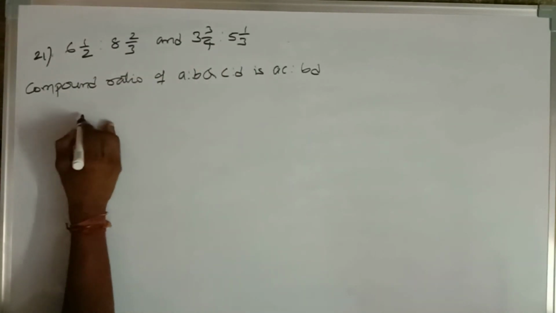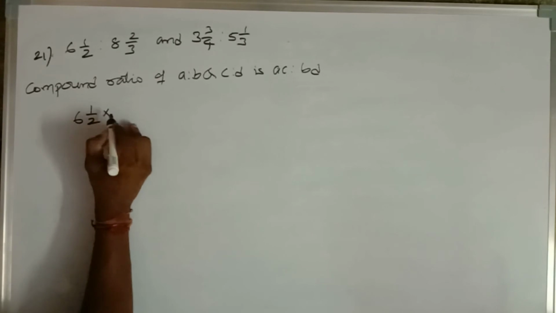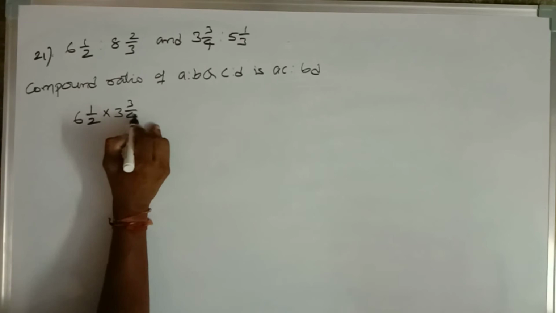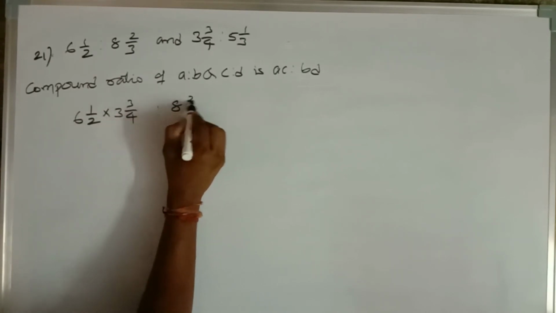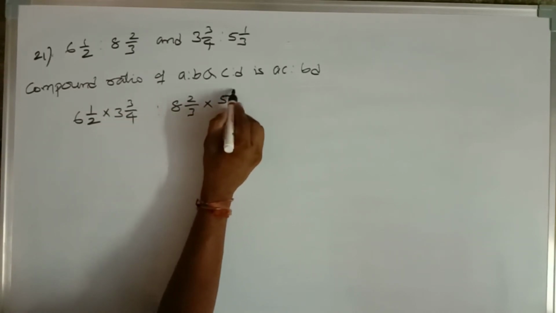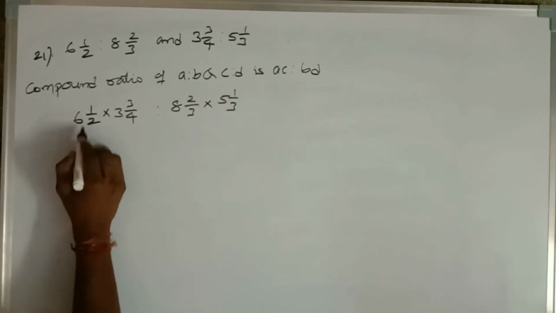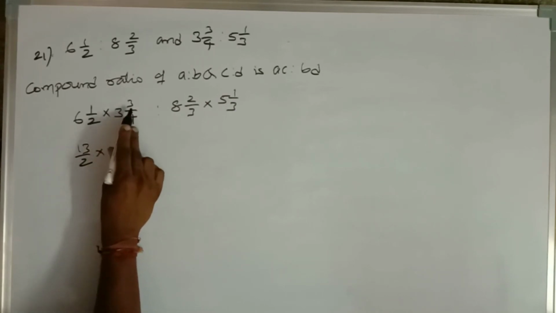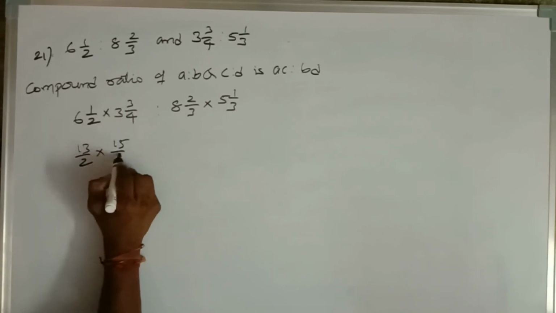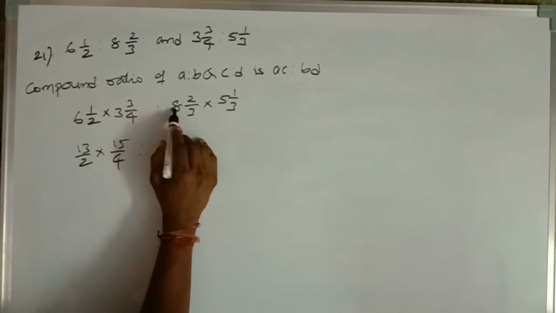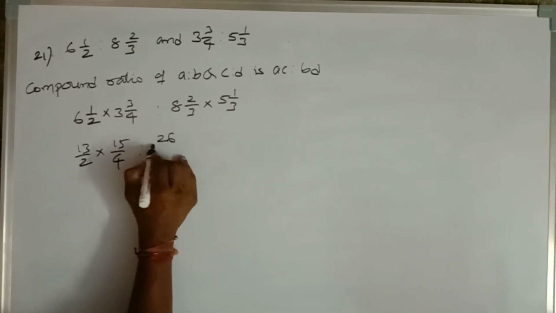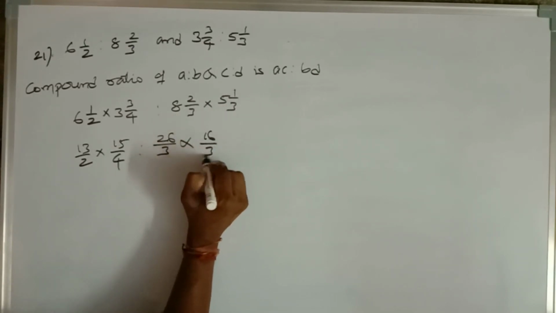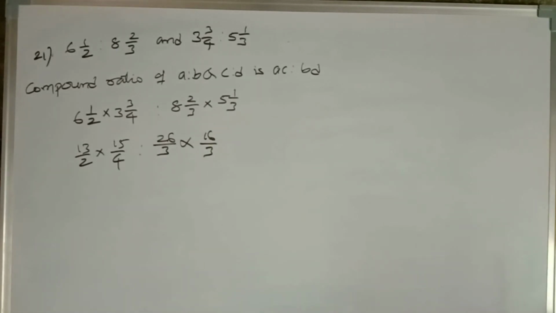Now here that's equal to 6 1/2 into 3 3/4 is to 8 2/3 into 5 1/3. So here 13/2 into 15/4 is to 26/3 into 16/3. Okay, so any more cuttings?